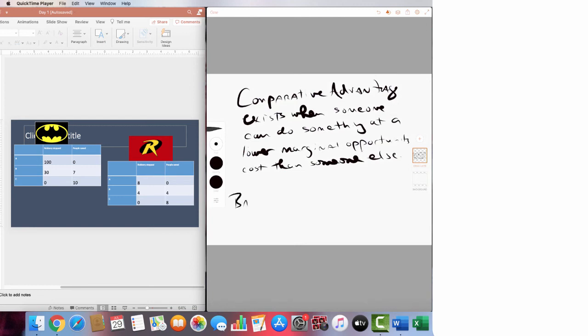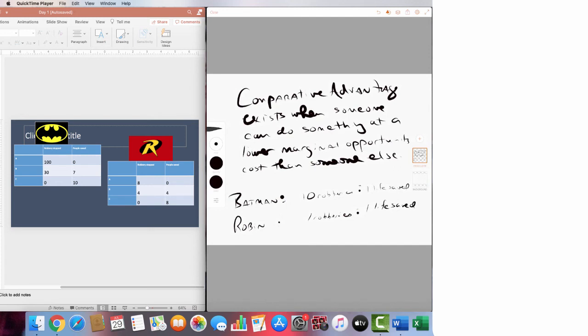So, let's look at Batman. Batman's marginal opportunity cost to save a life is 10 robberies stopped. And Robin, his marginal opportunity cost to save 1 life is 1 robbery stopped.